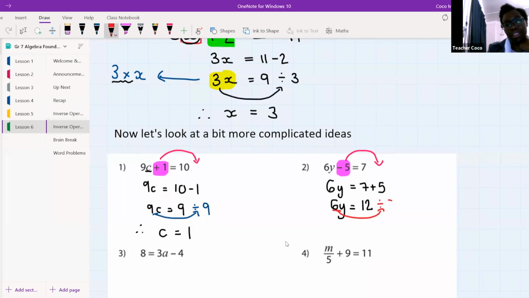Good. Divided by 6. Then what does my next line say? We can say 12 divided by 6. 12 divided by 6 is 2.